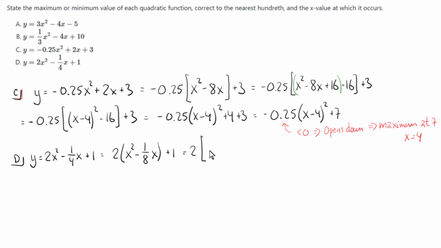We complete the square, so it's going to be x squared minus 1/8 x, and then we divide this quotient by 2, so it's going to become 1 over 16, and we square it. So it's going to be 1 over 16 squared minus 1 over 16 squared plus 1.